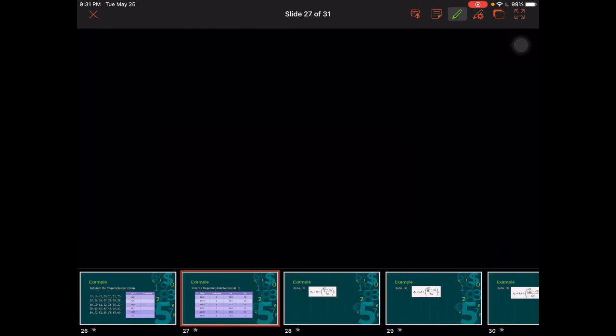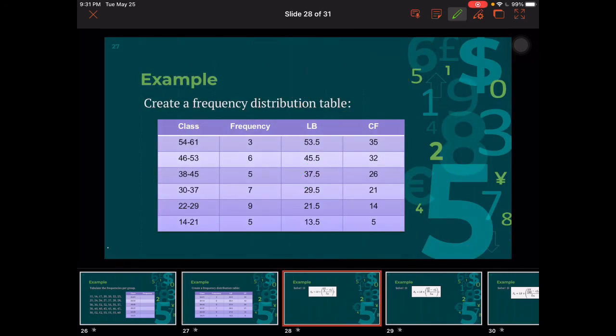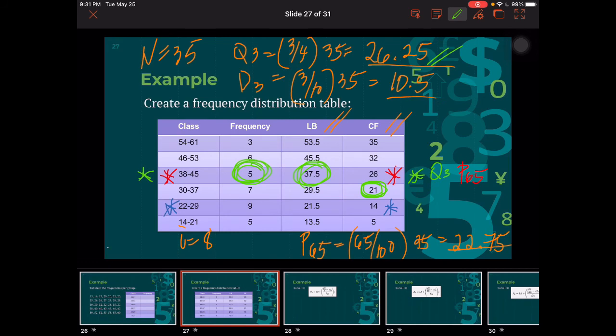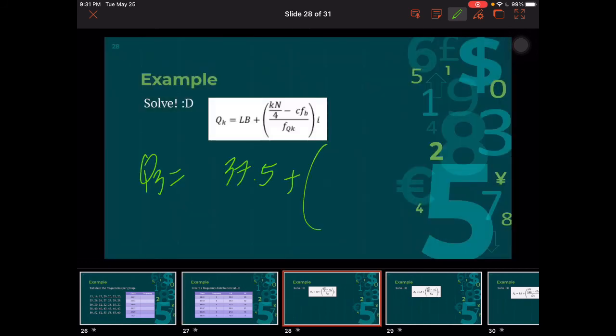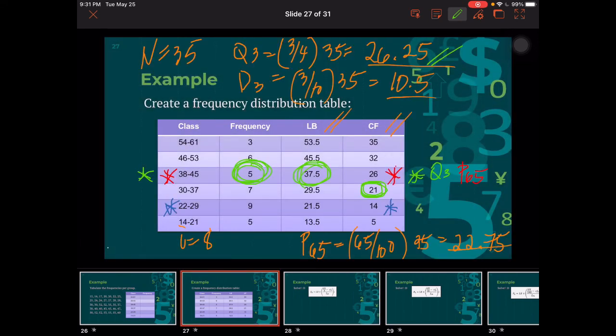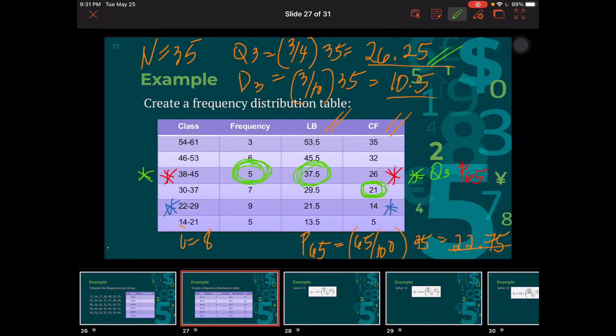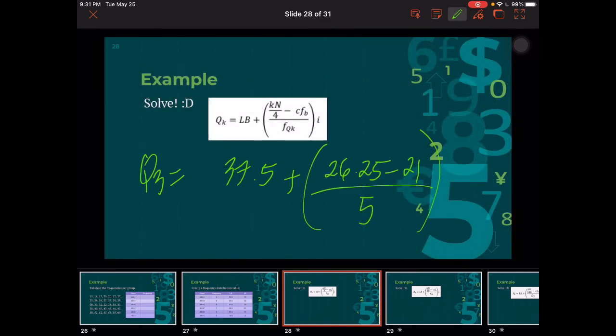Q3 is 37.5, that's your lower boundary, plus the position that we got, that's 26.25, minus cumulative frequency before is 21, divided by the frequency itself is 5, and then multiply by our class interval, which is 8.